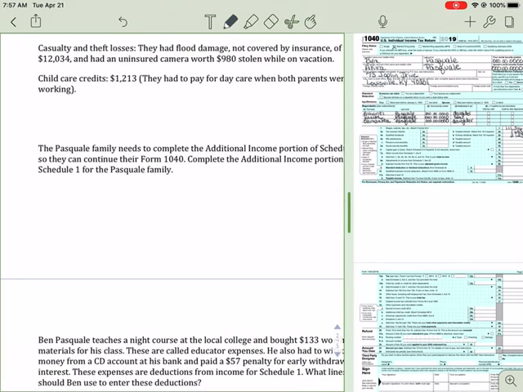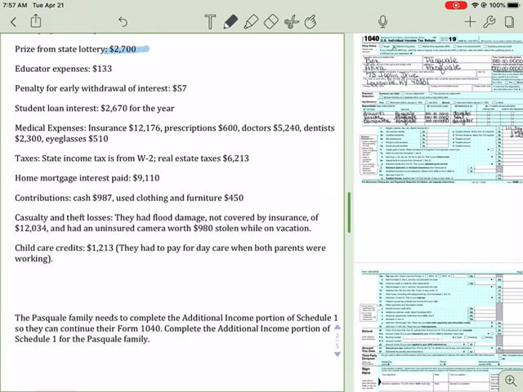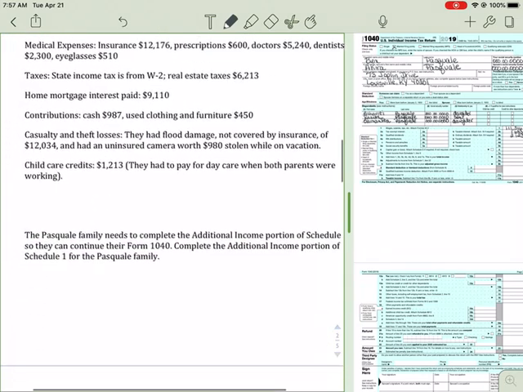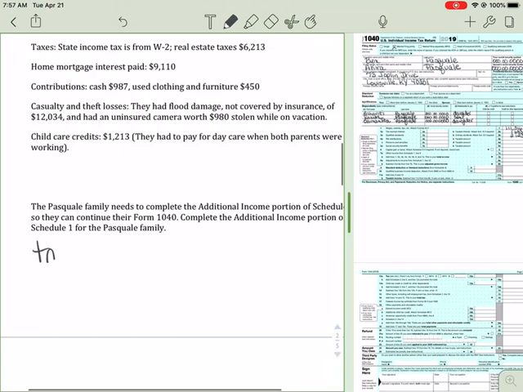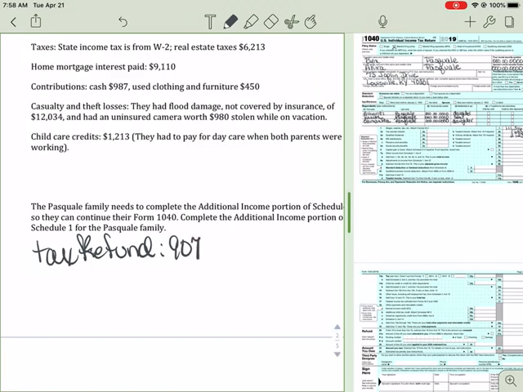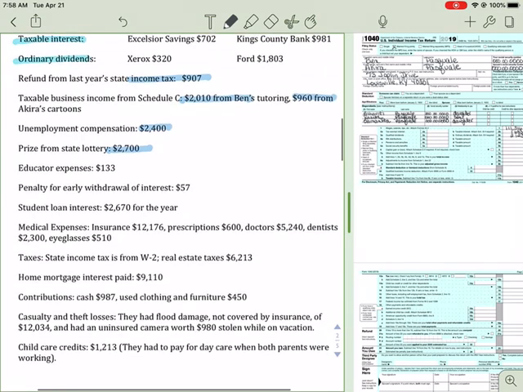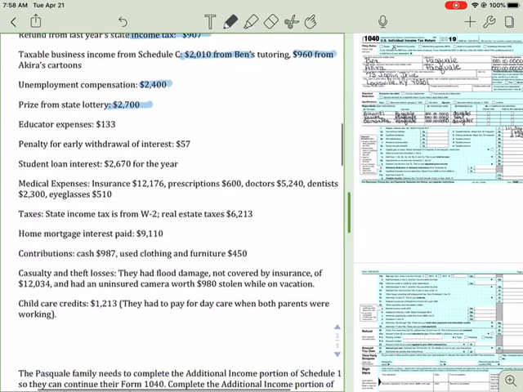Okay, so they have their refund. Their taxable income of 907. So there's your tax refund of 907. Okay. And then all right, so they also have their business, so we need to add those together.